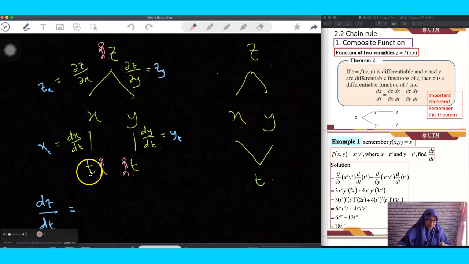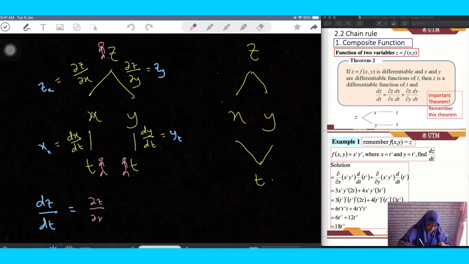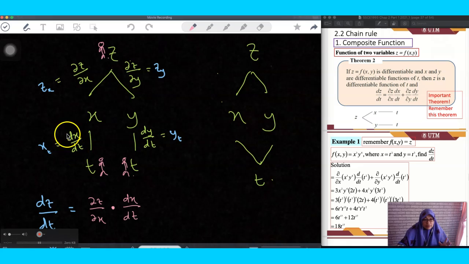So the first term is where you go from Z to X, so you have to pass through del Z over del X. And then because you are on the same path, we just multiply. And then from X to T, you have dx over dt. Now we're done for the first path. Then we go to the second path, plus. That is the second term.